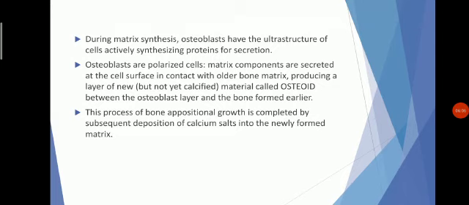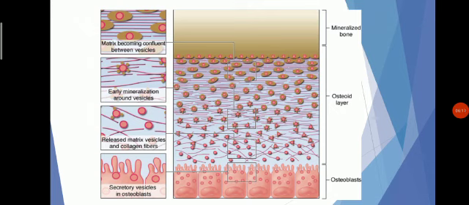This process of appositional growth is completed by subsequent deposition of calcium salts into the newly formed matrix. In this diagram, you see this is the osteoblast layer, this is the new osteoid layer, and this one is the older mineralized bone.